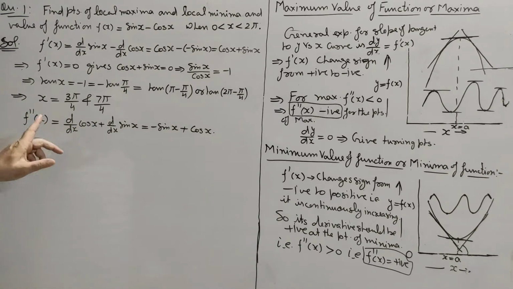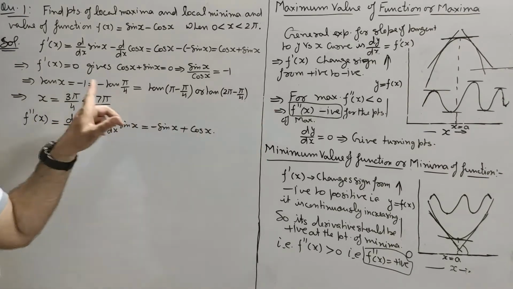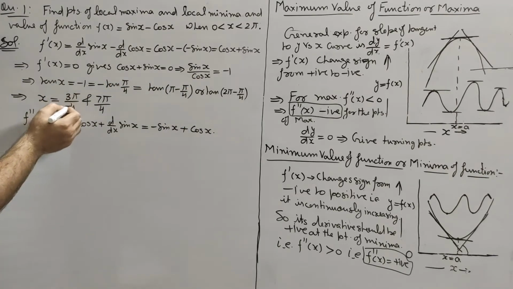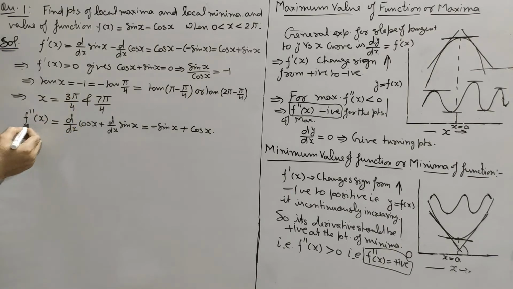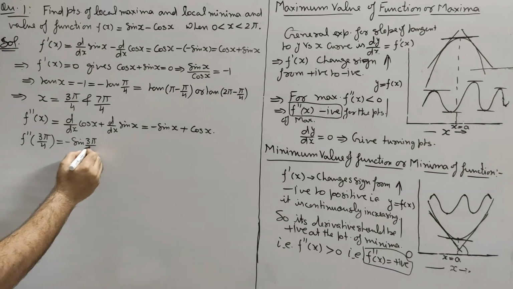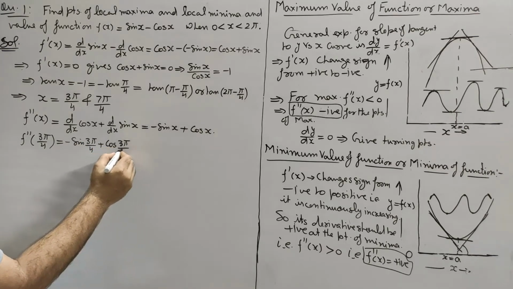Now we will find out the sign of f double dash x for these values of x obtained by putting f dash x is equal to 0. Say first we are finding the sign of f double dash x for x is equal to 3 pi by 4. f double dash of 3 pi by 4 is equal to minus sin 3 pi by 4 plus cos 3 pi by 4.